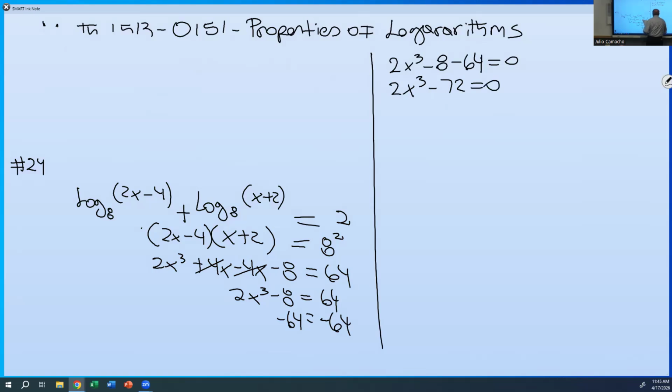Now, my next step is I will try to factor that.